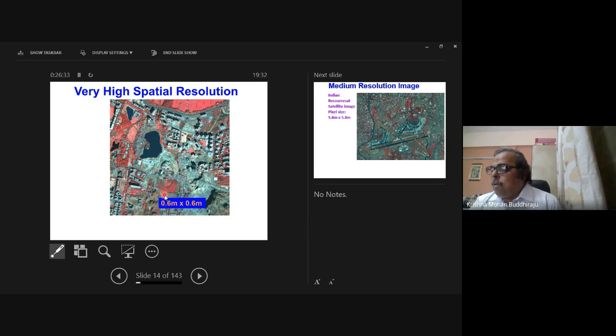So the amount of information is a collection of objects with their geometries, and then you have spectral information. This is called a false color composite made up of near infrared, red and green channel data. So you can see the texture created by a collection of trees.